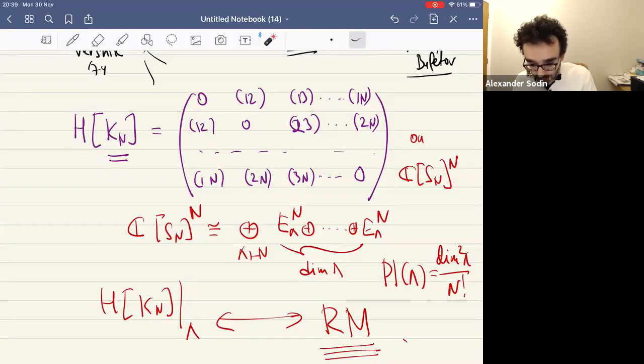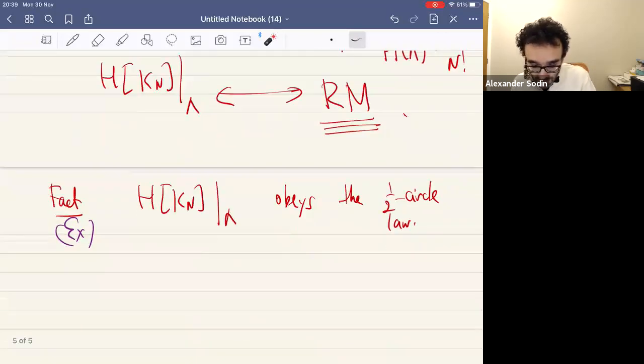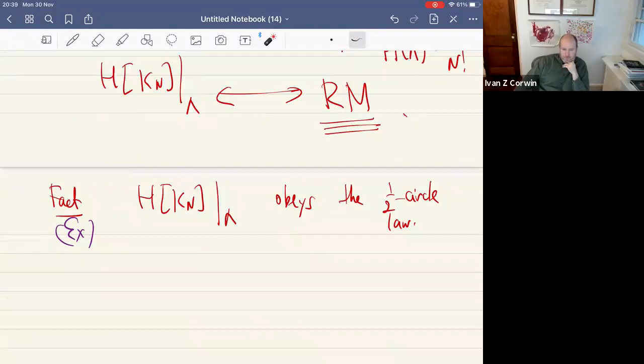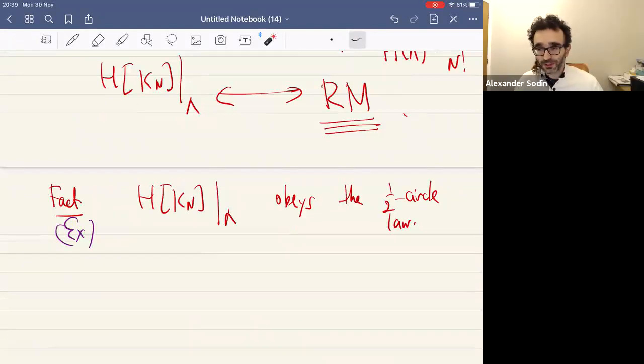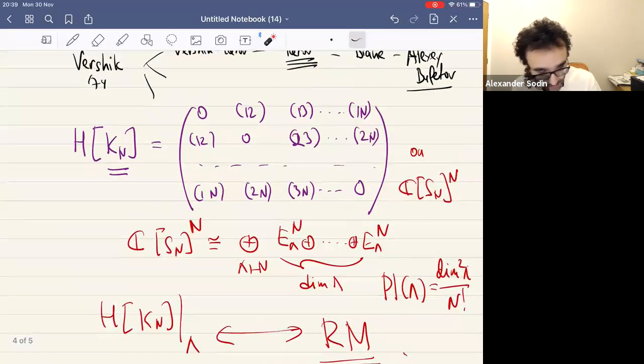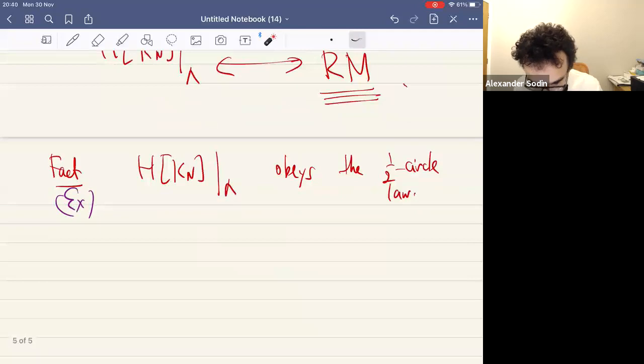So that's what we do, and then you have the semicircle law, for which you don't need to know how the representations work, or in fact anything about the actual structure of the representation theory of the symmetric group. You just compute moments, and you're done.